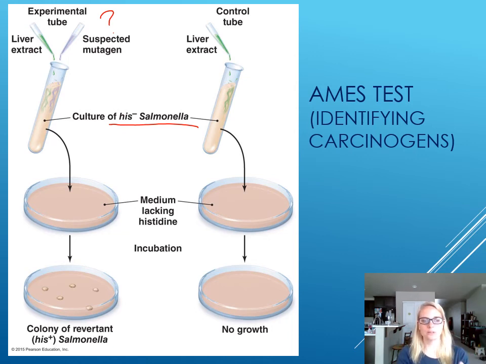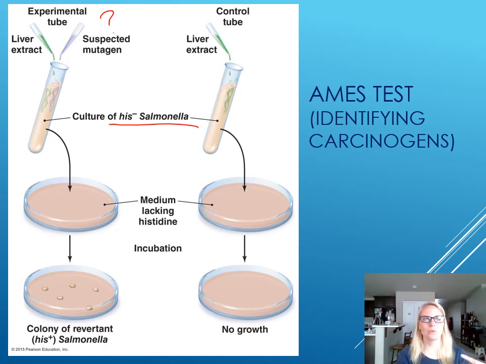So they put the suspected mutagen in your culture of His-negative Salmonella, and you'll also see some liver extract going into the tube. Now, the reason why liver extract goes into the tube is because a lot of times the things that you consume are processed in the liver with lots of enzymatic pathways. If you didn't have the liver extract, you wouldn't get a more realistic view of how that potential mutagen would actually react in a human body, because we all have livers.